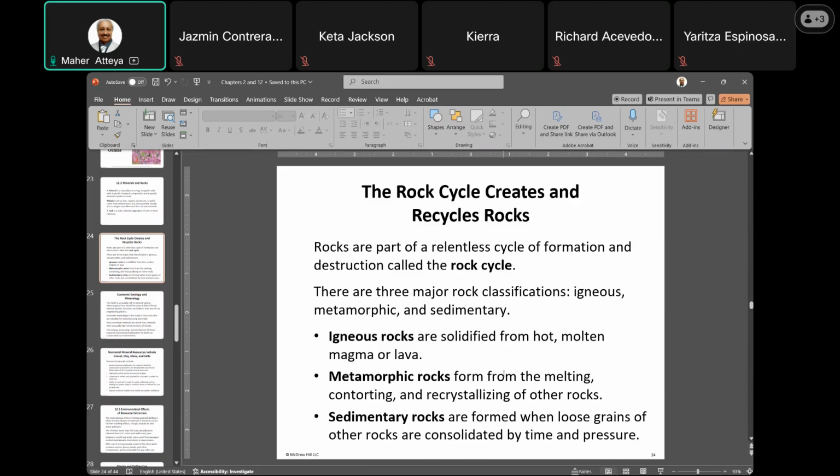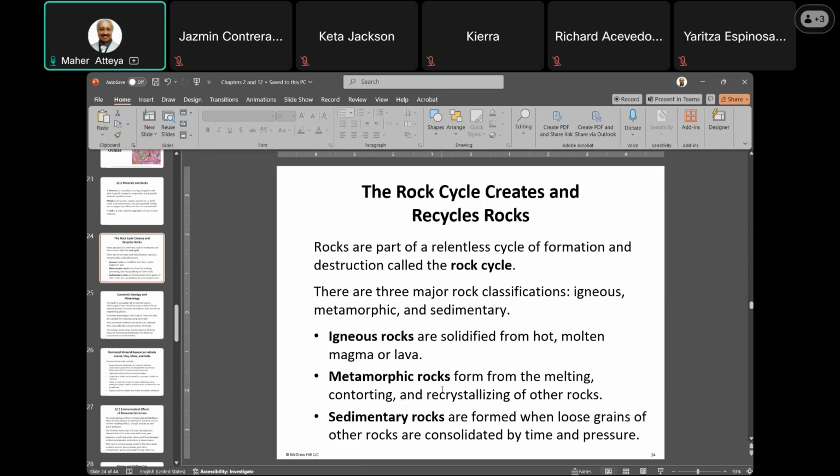When they are destroyed into small pieces over time, those small pieces compress themselves back into a new structure of a new rock. So we have different rocks. We have igneous rock. They are solidified from hot molten magma, coming after a volcanic eruption. Those are igneous rocks, from the magma when it has cooled down.